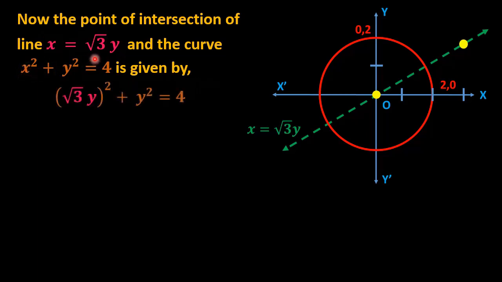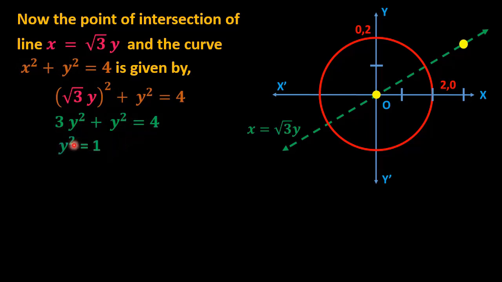So here, I have replaced x by root 3y, and after simplifying, it will be 3y square plus y square equals 4. 3y square plus y square is 4y square, and 4 and 4 get cancelled. So at last you will get y square equals 1.